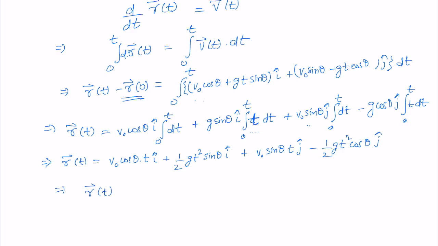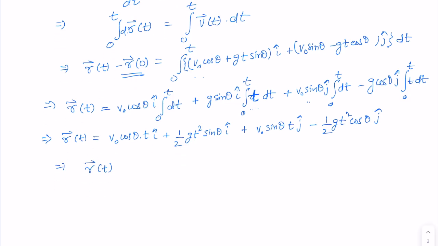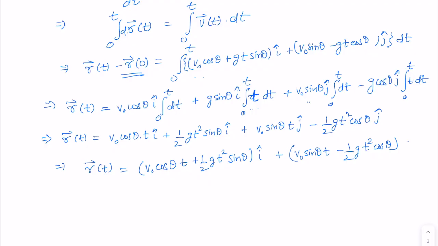Grouping together the terms along the i and j directions, we get r(t) as (v naught cos theta t plus half g t square sine theta) i and (v naught sine theta t minus half g t square cos theta) j.